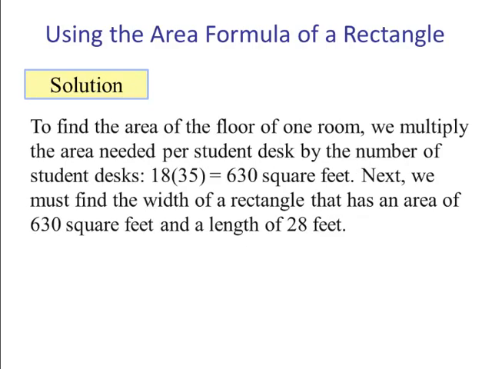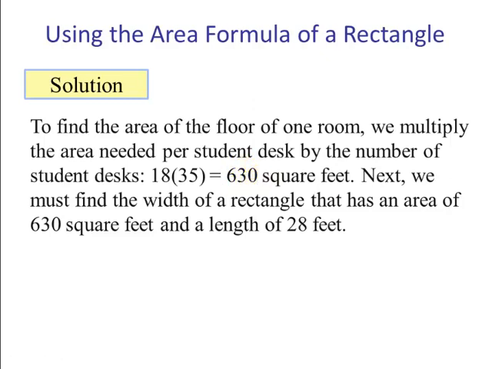For this solution, to find the area of the floor of one room, we multiply the area needed per student desk by the number of student desks. Code says it has to be 18. We have 35 desks, so 18 times 35 is 630 square feet.